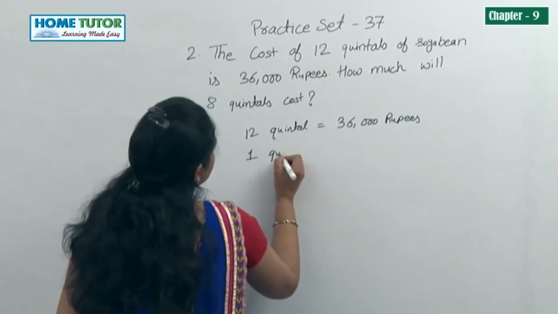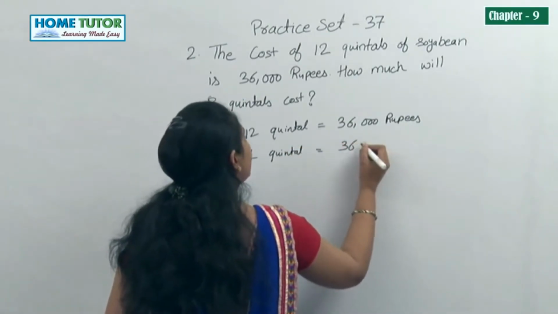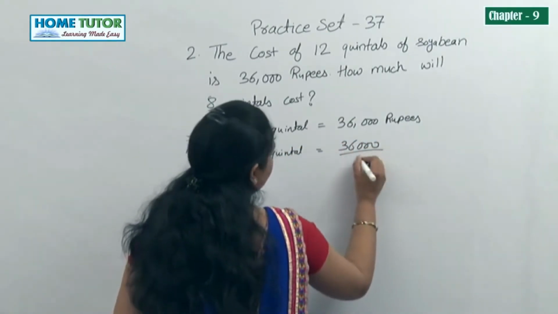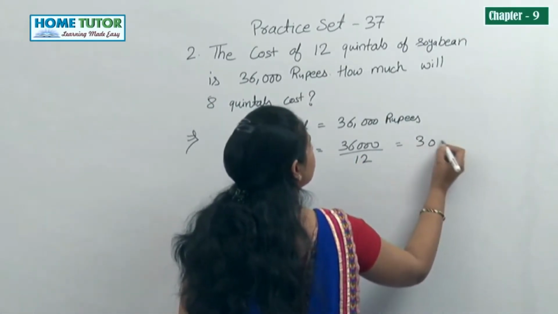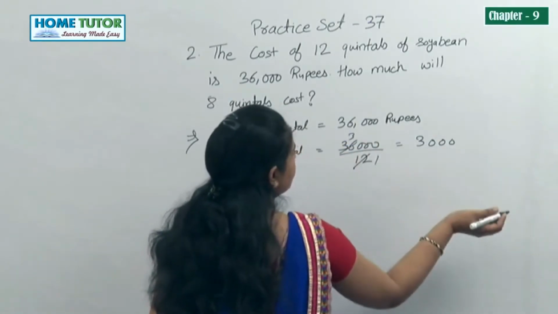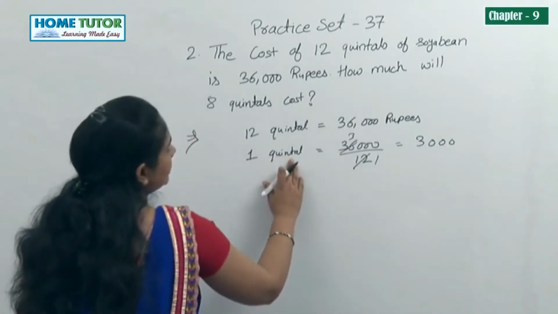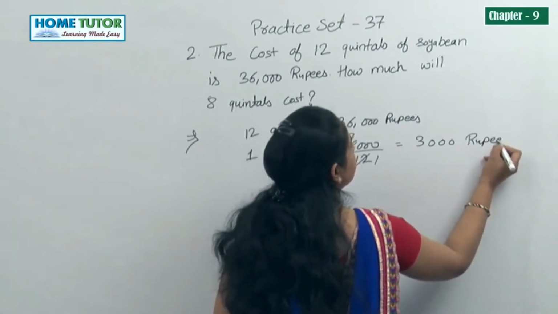So 1 quintal is equals to, what we will do? We will divide this 36,000 by 12 and we will get the answer as 3,000. 12 ones are, 12 threes are, so the answer is 3,000. So 1 quintal of soybean will cost 3,000 rupees.